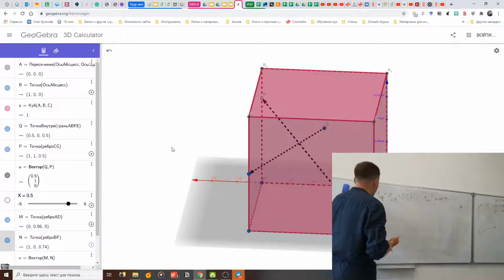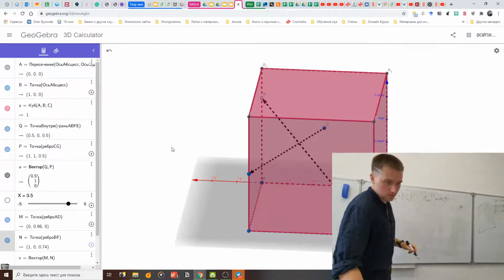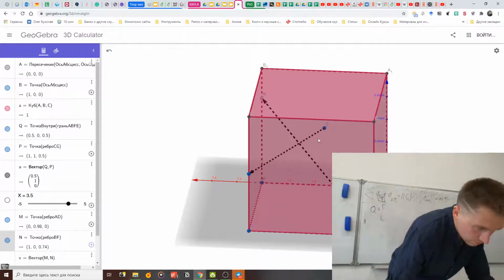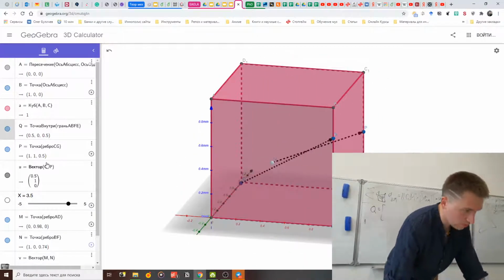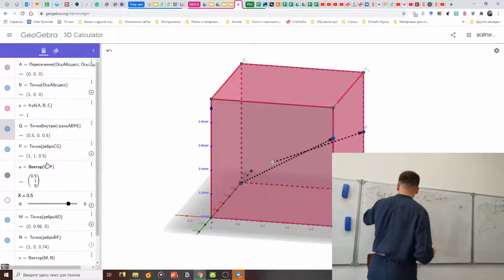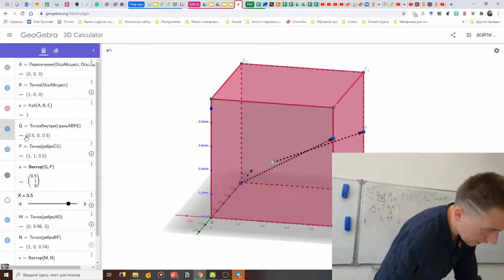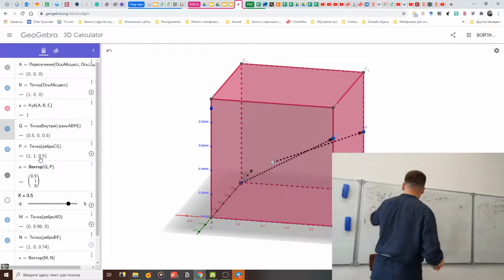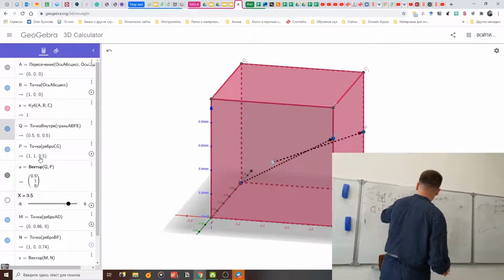Let's first of all find QP. So Q is 0, 0, 5, and P will be 1, 1, 5.